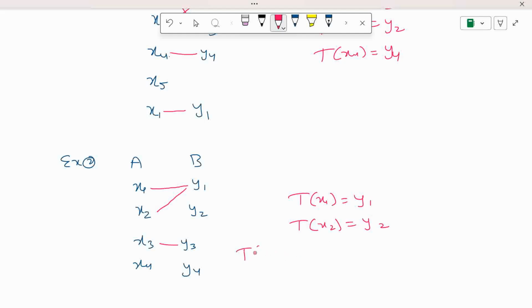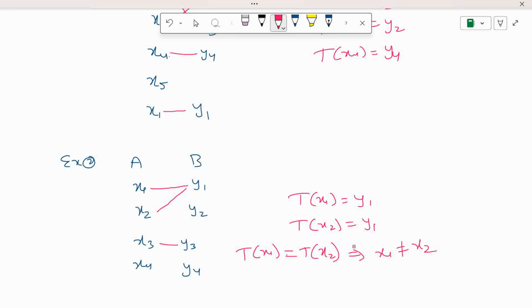Now here, T of x2 is y1, as you can see in the mapping. Now T of x1 equal to T of x2, but this implies x1 not equal to x2 here.